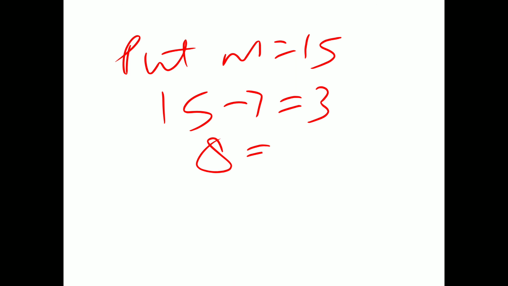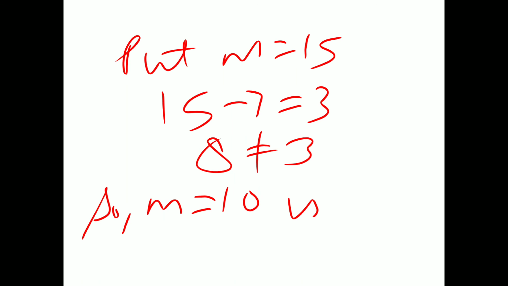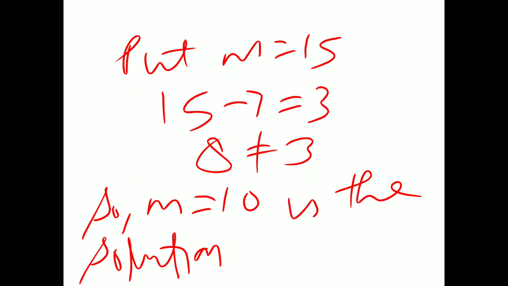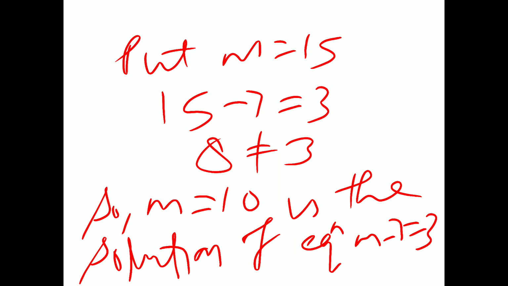So 8 is not equals to 3. So m is equals to 10 is the solution of the equation m minus 7 is equals to 3.